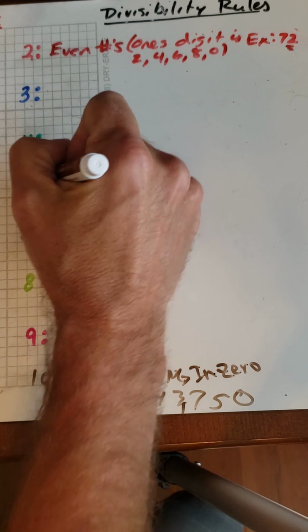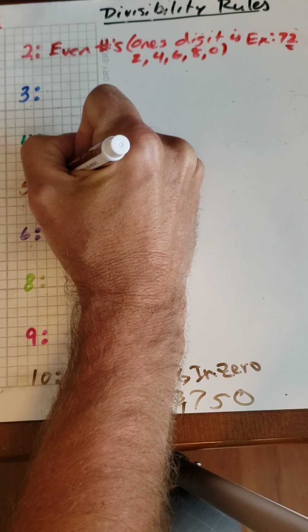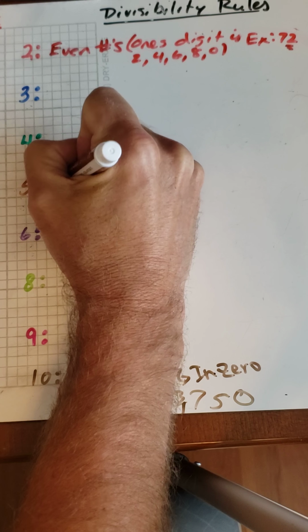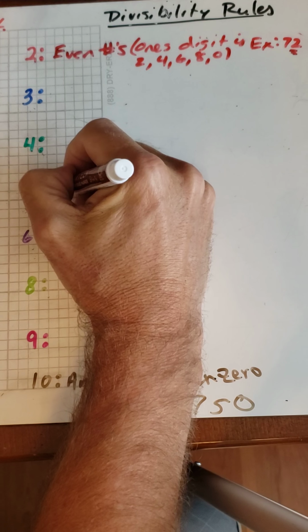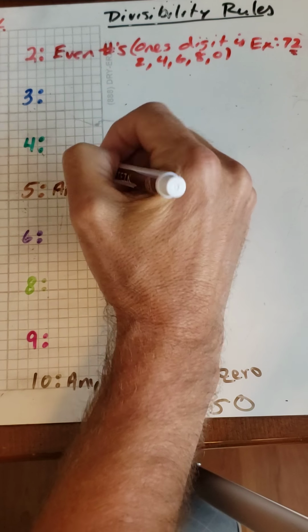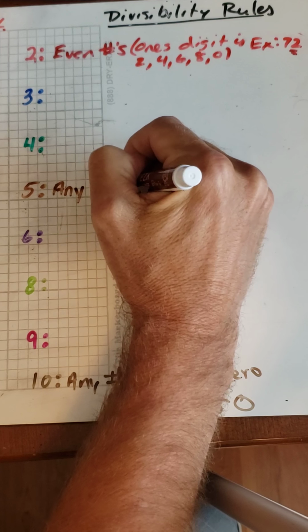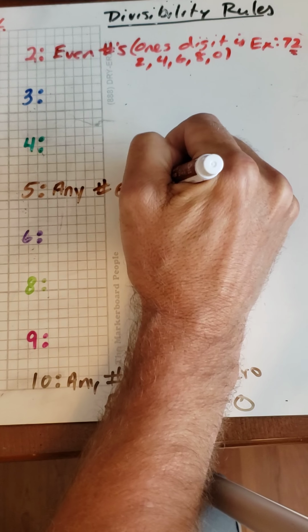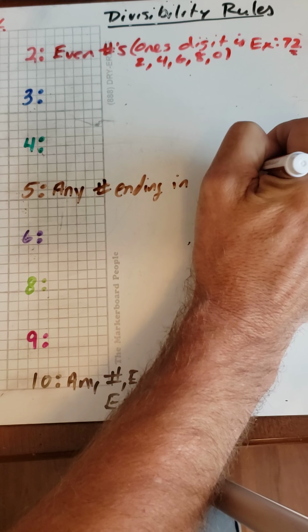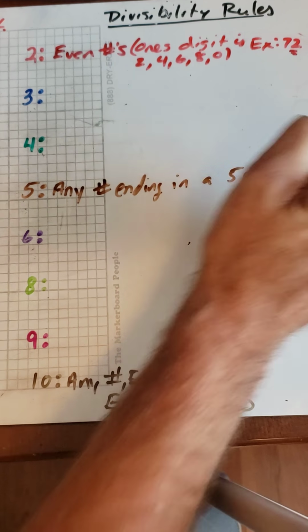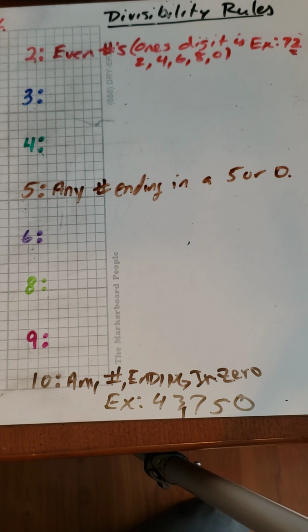All right. Having said that, the next one that we might remember, I'm guessing, is perhaps number 5. The reason I say 5 is because it's very similar to 10. Any number ending in a 5 or 0.